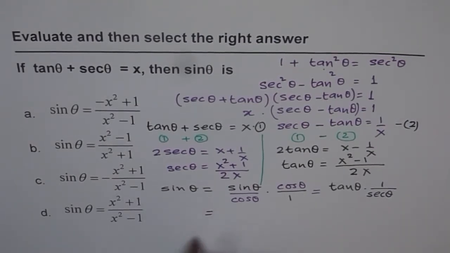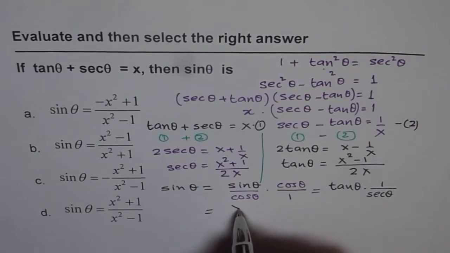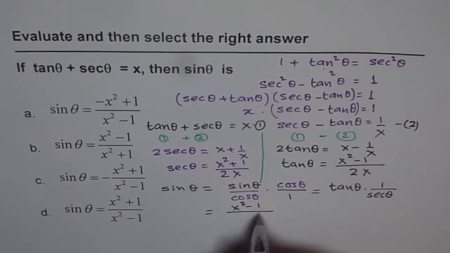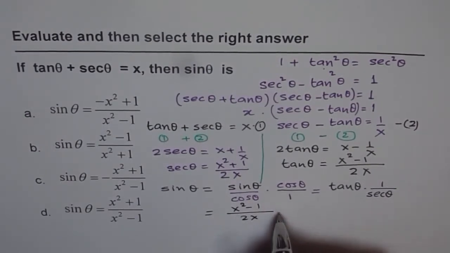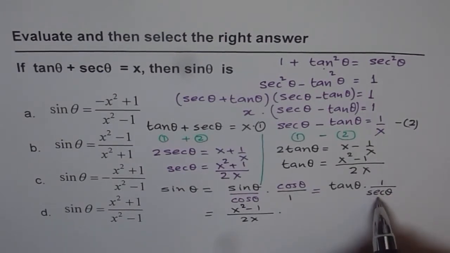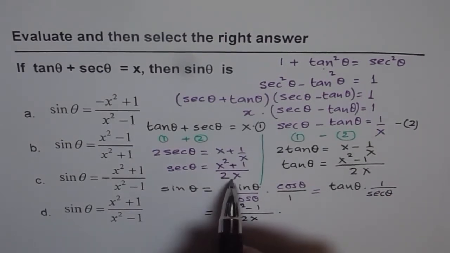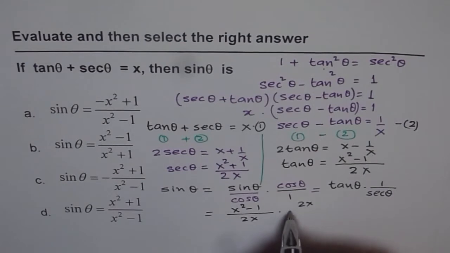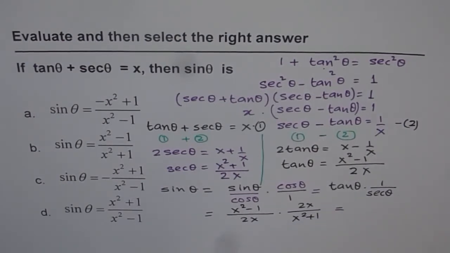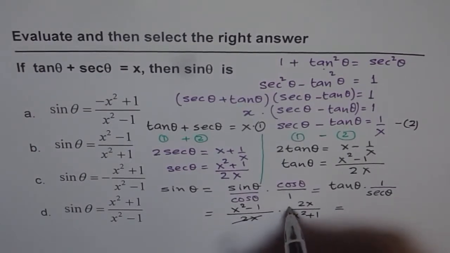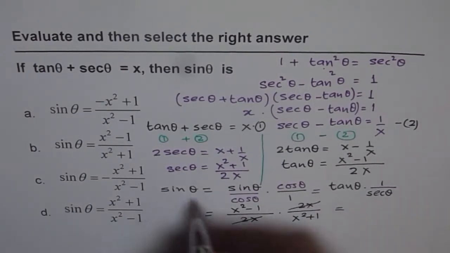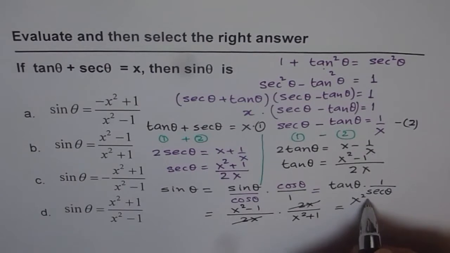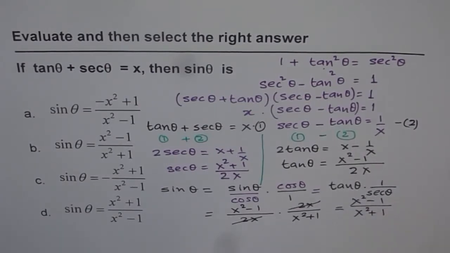So sine theta equals tan theta, which is x square minus 1 over 2x, times the reciprocal of secant theta. Reciprocal means 2x over x square plus 1. You see that? Now 2x and 2x cancel out. You get sine theta, which is x square minus 1 divided by x square plus 1.